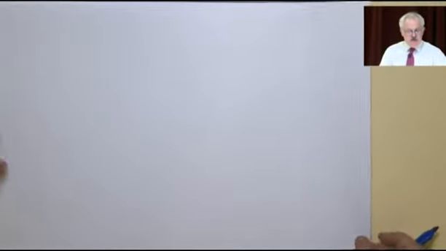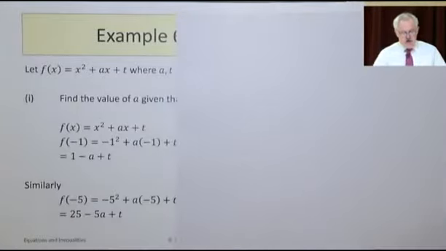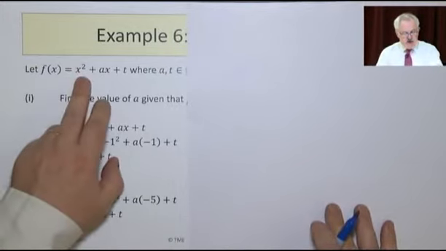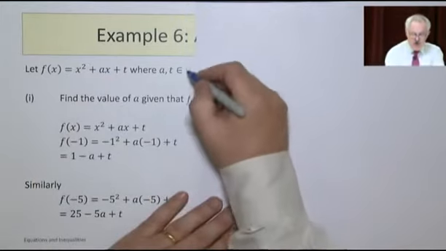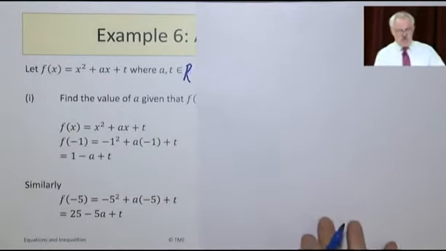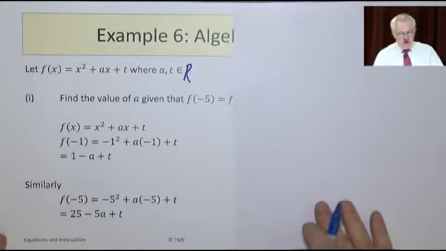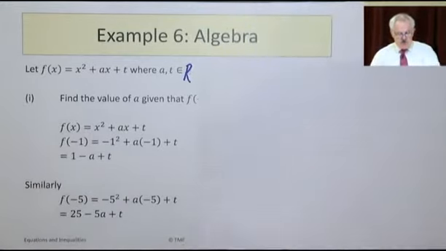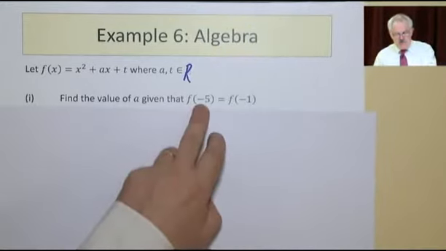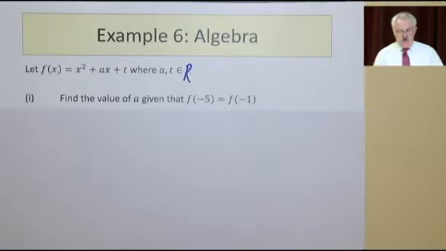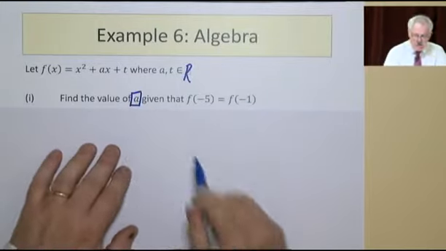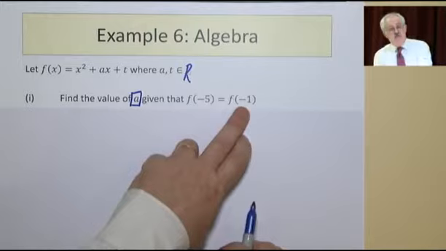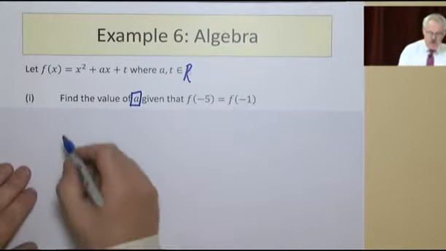We turn now to example 6, and it's saying, okay, let's look at f(x) is x squared plus ax plus t, where these are members of R, the real number system. Now, find the value of a given that f(minus 5) is f(minus 1).